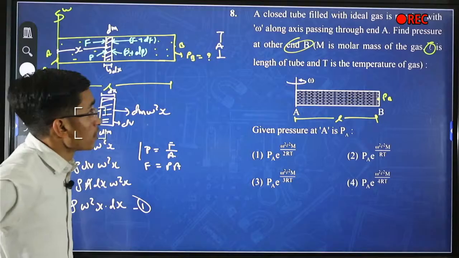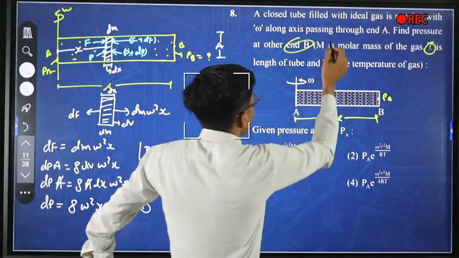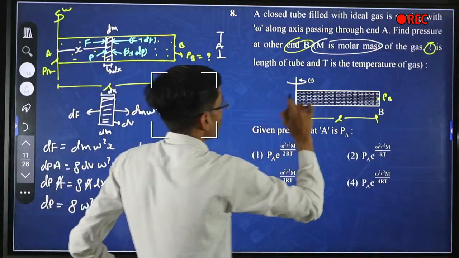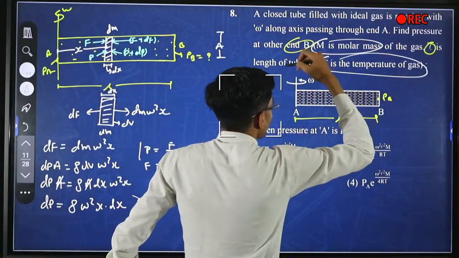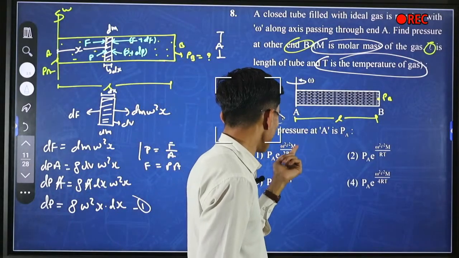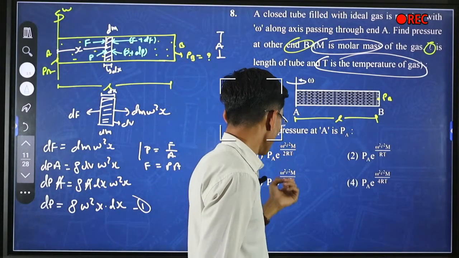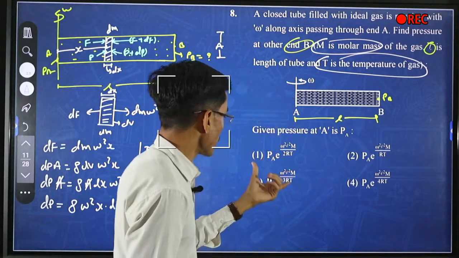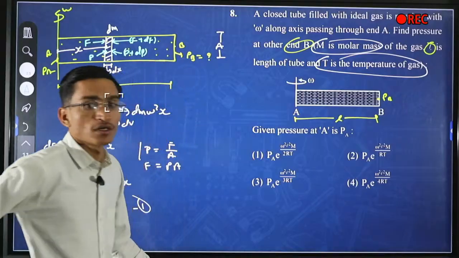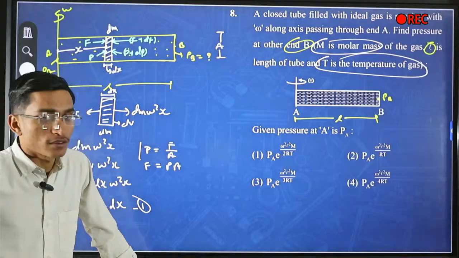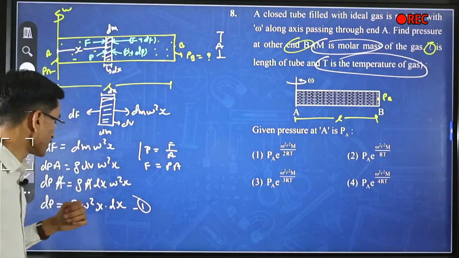Now, other data: M is molar mass of the gas, length L is tube length, and T is the temperature of gas. So we have to find temperature. It could be in the terms of molar mass, temperature, R, omega, L, and P. So you can see that we have to introduce R or M and T in the form of density.